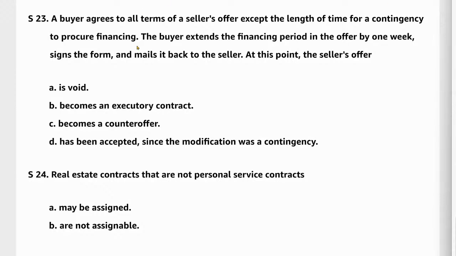So a buyer agrees to all terms of a seller's offer except the length of time for a contingency. The buyer extends the period in the offer by 1 week, signs the form, mails it back to the seller. At this point it is considered what?